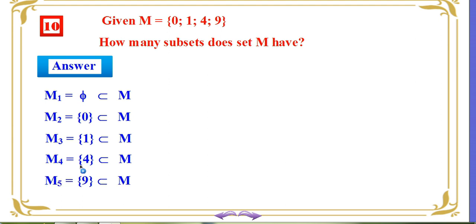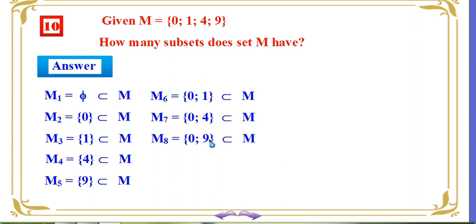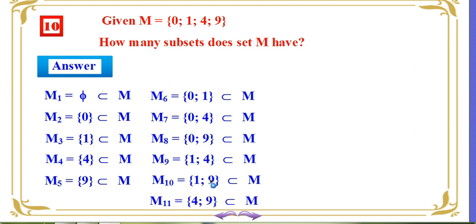And continue until the set has 4 elements. That is the sets with 2 elements. They are all subsets of set M.